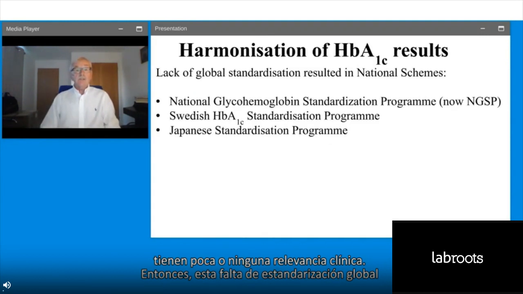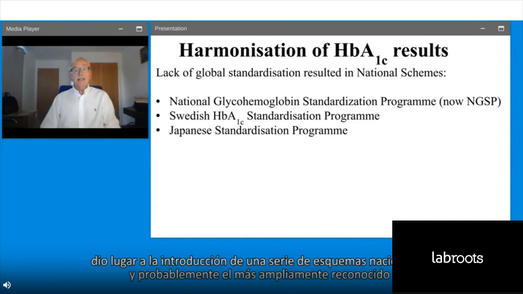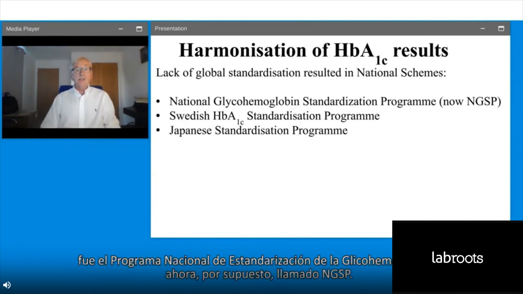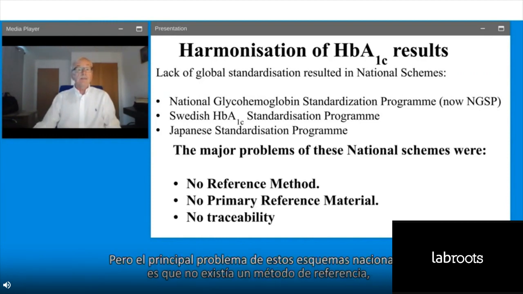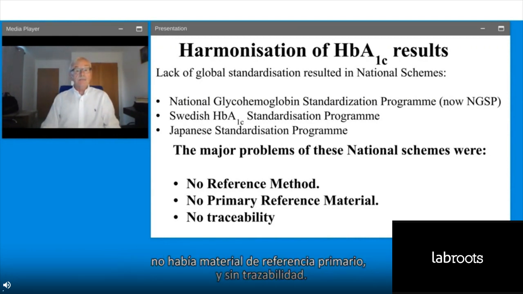So this lack of global standardization resulted in a number of national schemes being introduced. And probably the most widely recognized was the National Glycohemoglobin Standardization Program, now of course called NGSP. There's also the Swedish scheme and the Japanese standardization program. But the major problem of these national schemes were that there was no reference method. There was no primary reference material and no traceability.